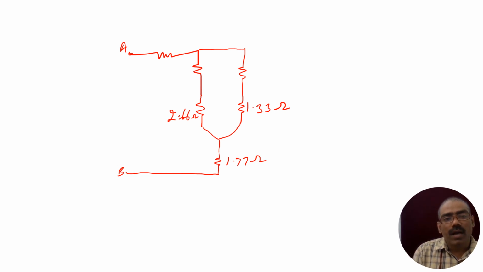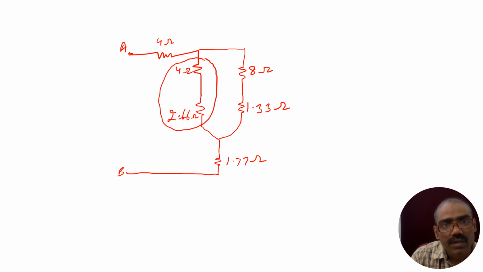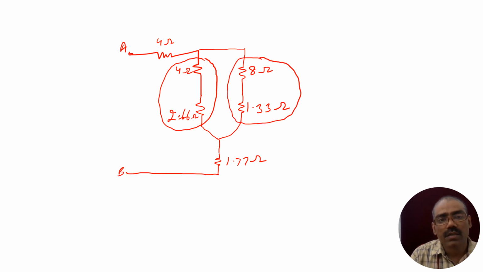Now as we know that the value of this resistance is 4 ohm, here also 4 ohm, here 8 ohm, like that. Now these two resistances are connected in series, and similarly here also these two resistances are connected in series. So now again we are writing 4 ohm resistance, and here instead of 2, as these two are in series, so we will have to write 1 ohm resistance only.